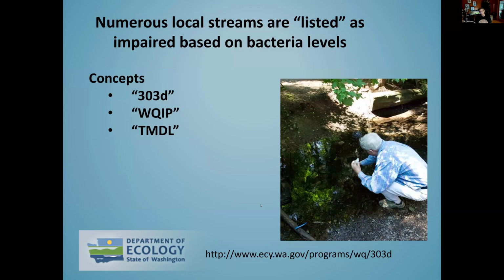But if they're not consistently below that, then they have to continue to implement their water quality improvement plan. And then the process of, let's say that conditions get better and you want to get it off the list, you have to go through a delisting process where you essentially prove that the water quality has gotten better. So bacteria is, I'd say, a very important pollutant, which is monitored by cities and counties.